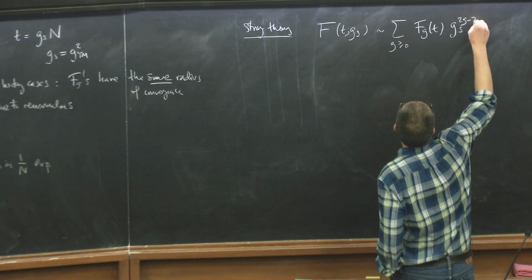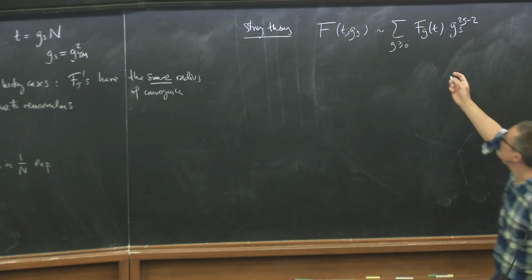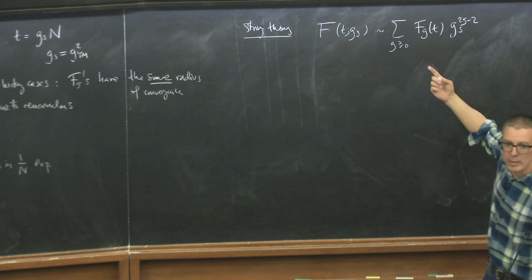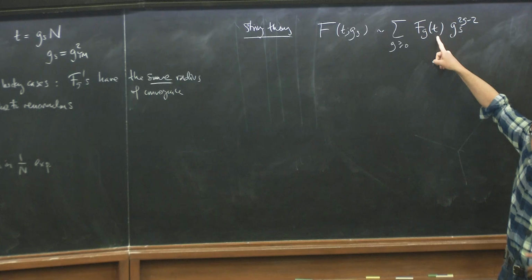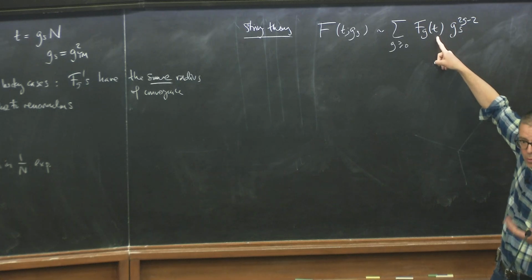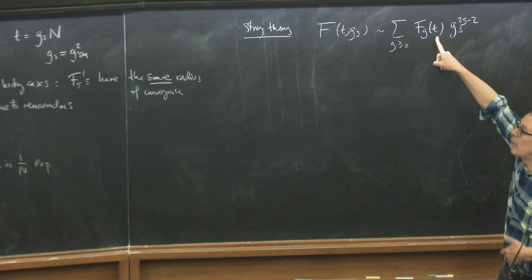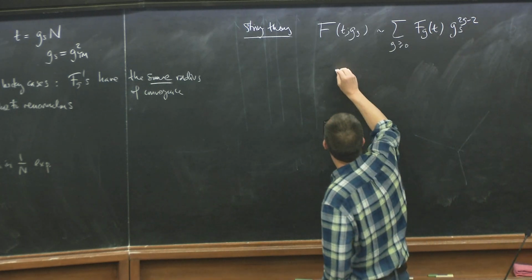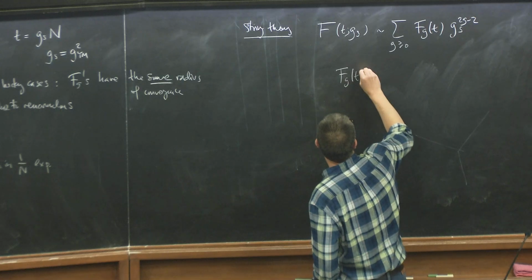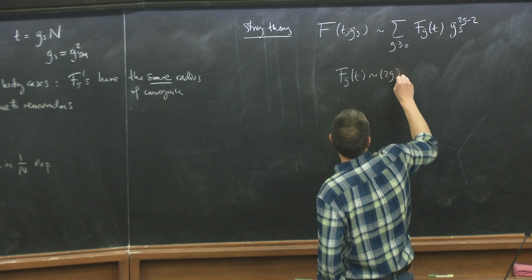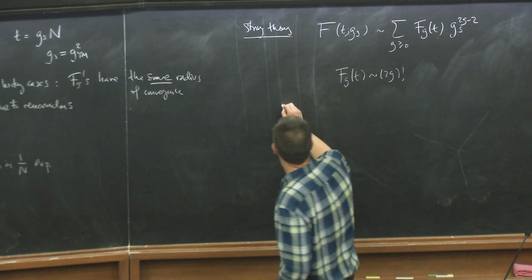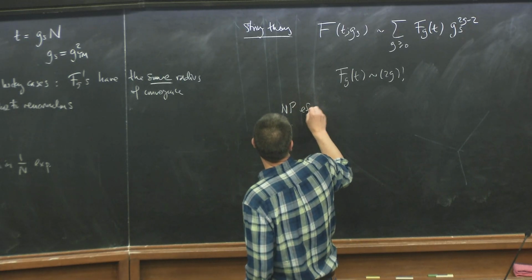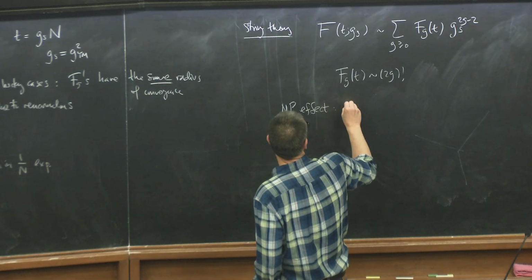I'm going to write it like this. So this is the string coupling constant. And again, in cases where we are happy, these objects are well-defined functions of t. They have a common radius of convergence. And inside this common radius of convergence, one believes that these things should behave like (2g) factorial. So again, you have a (2g) factorial divergence. And the non-perturbative effects associated to this are supposed to be the branes.